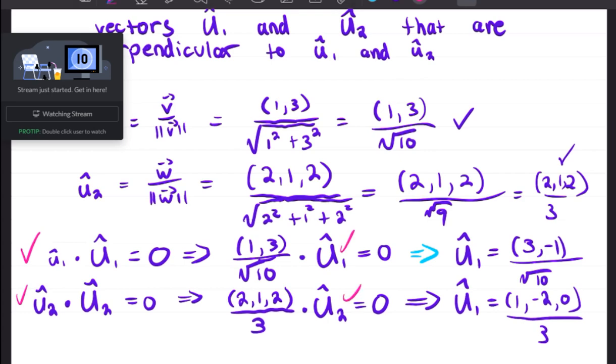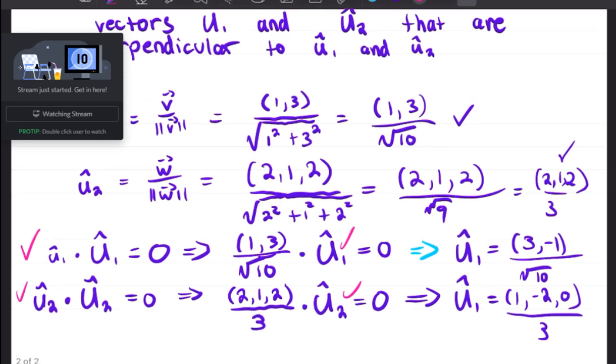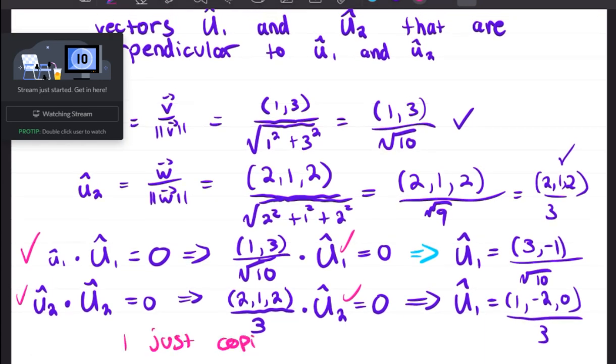Do you want to go into how you found those specific numbers? Wait, so on the last U component, shouldn't that be U2?